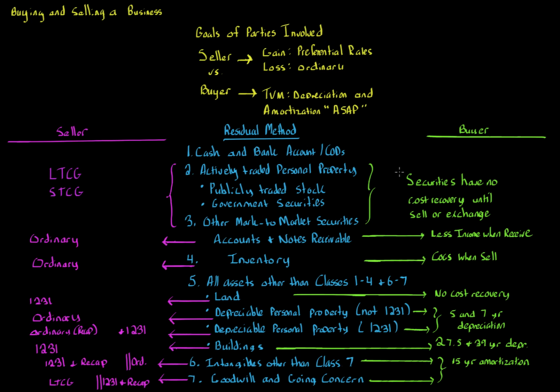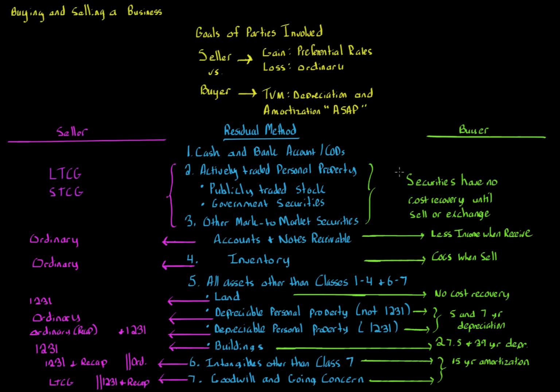Preferential rates being long-term capital gain, 1231, those types of items that create a preference with respect to a lower tax rate than the ordinary income tax rates. If a seller has a realized and recognized loss, then the seller prefers ordinary because, as you may recall, there are all sorts of limitations with respect to capital losses, and ordinary losses allow more benefit to the seller.